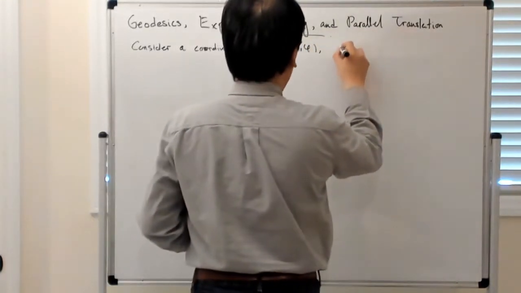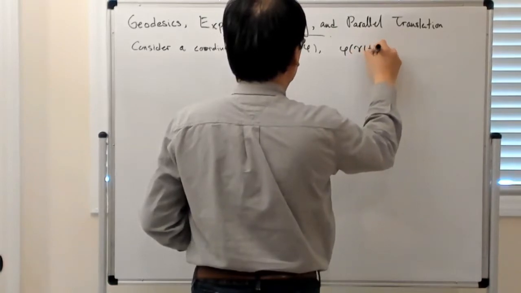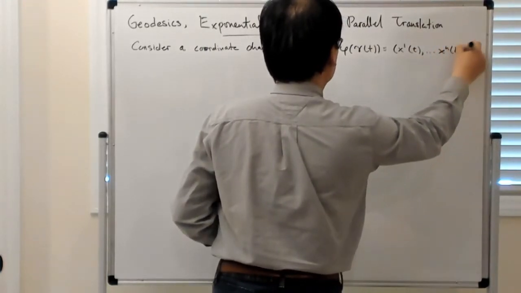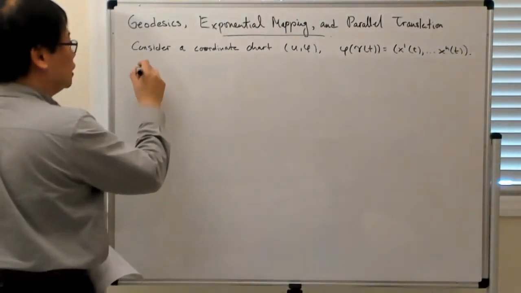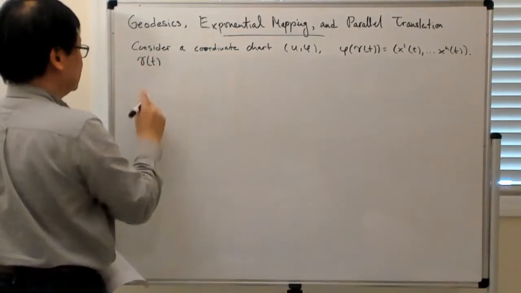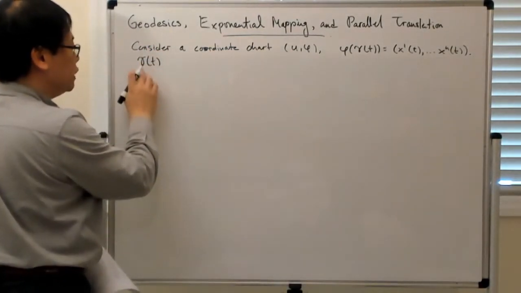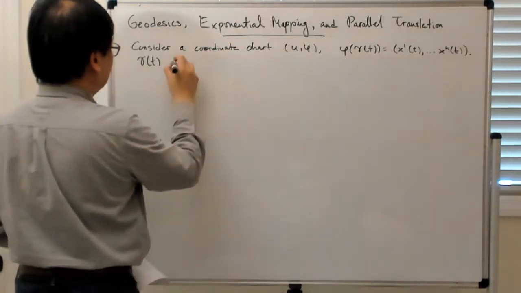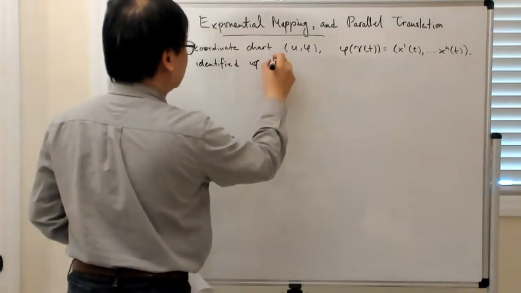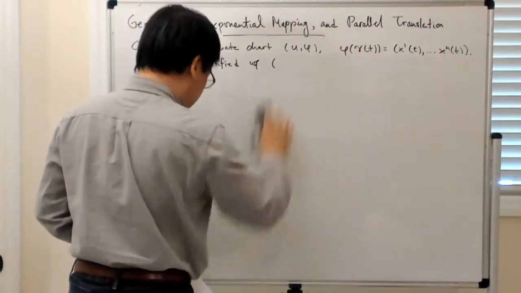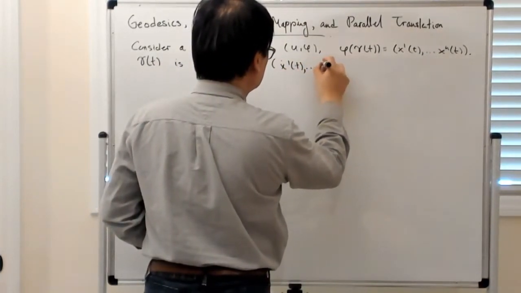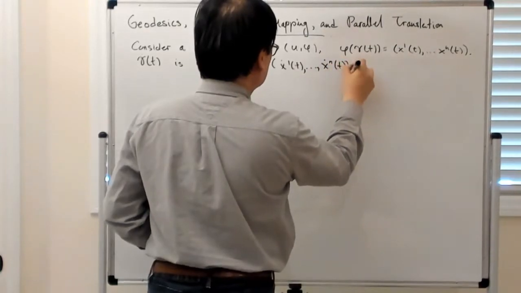With respect to this coordinate chart, your curve has components x1 to xn, and you can think of the velocity vector field associated with the curve as being identified with x1 dot all the way up to xn dot.